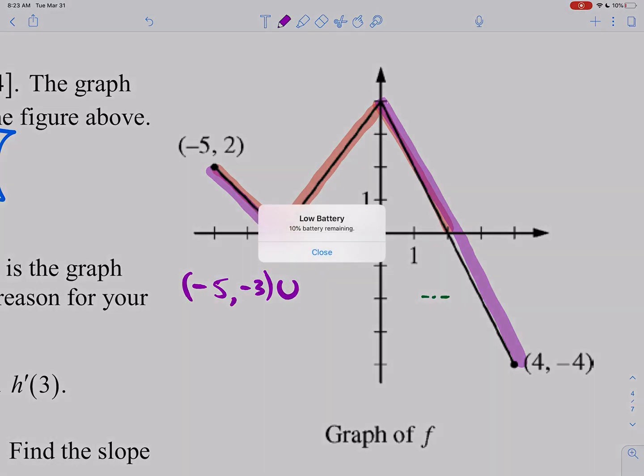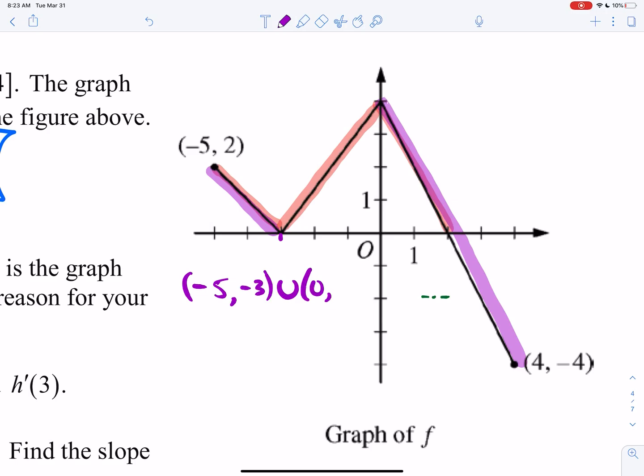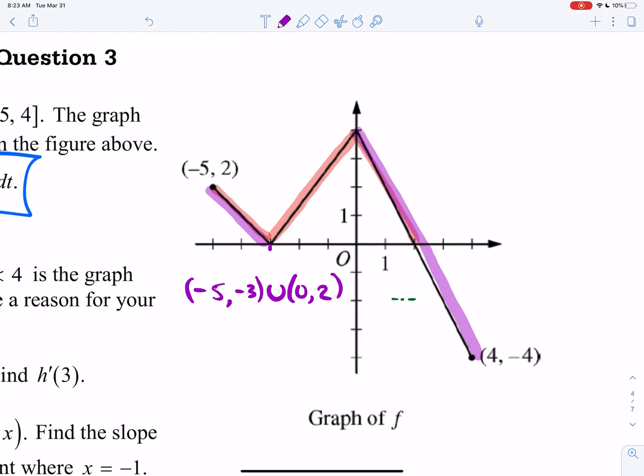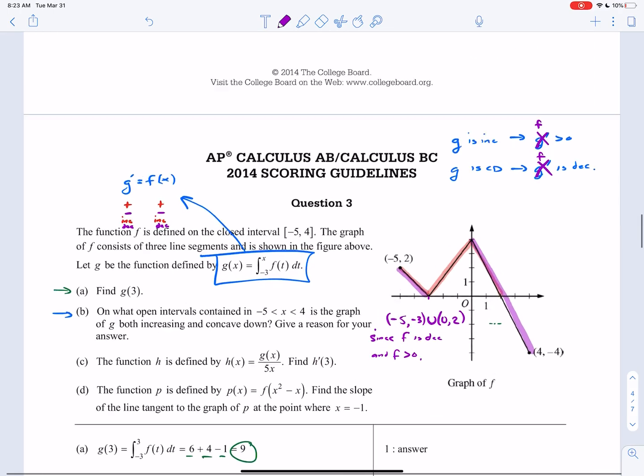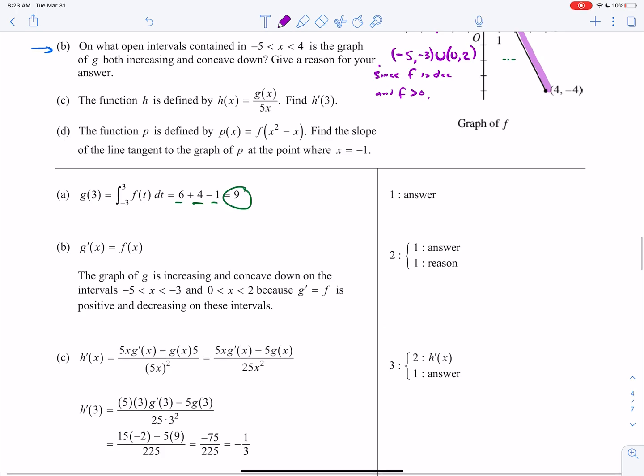And then it starts back up again at 0 all the way to about 2. Since f is decreasing and f is greater than 0. Okay, that's one of the ways. Let's see what they said. They mentioned that there. Same thing.